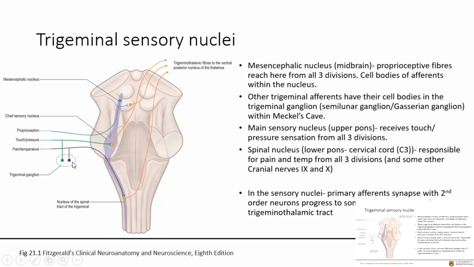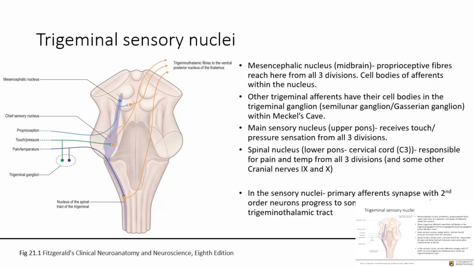So yeah, then this one, do you remember about the ascending fibers? Because we had a session for revision of ascending and descending tracts a couple of weeks ago. And do you remember the dorsal root ganglion in the spinal cord? Yeah? So that has the cell bodies of the first order neuron. The cell bodies will be located in the dorsal root ganglion, and then they will enter the spinal cord.